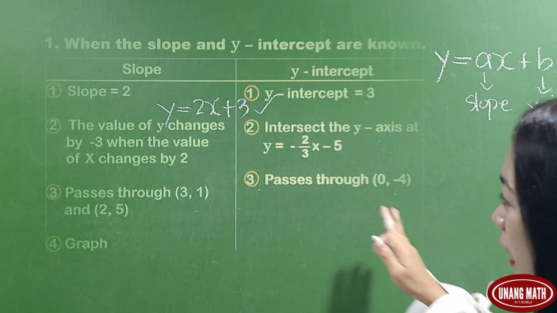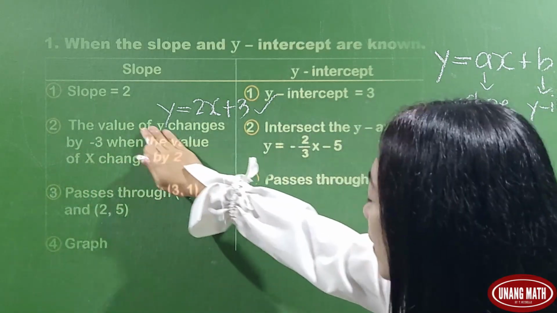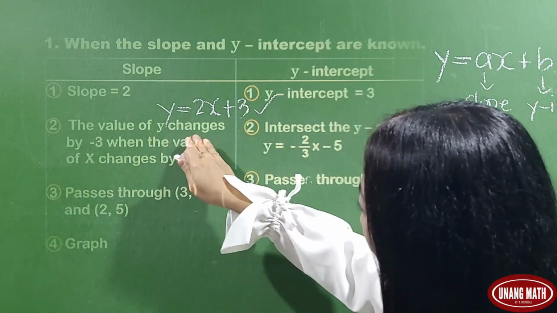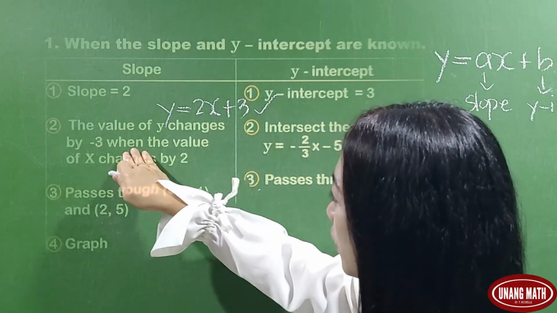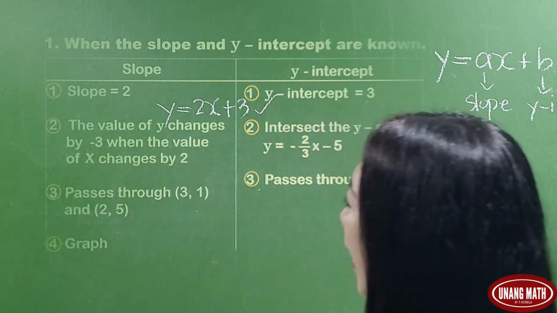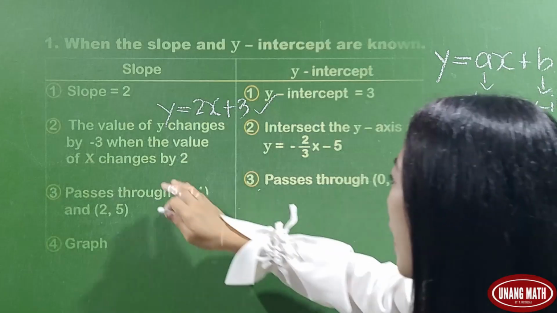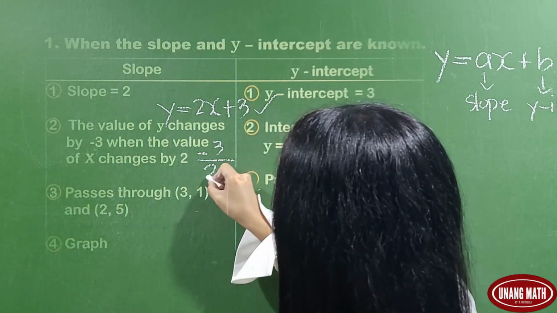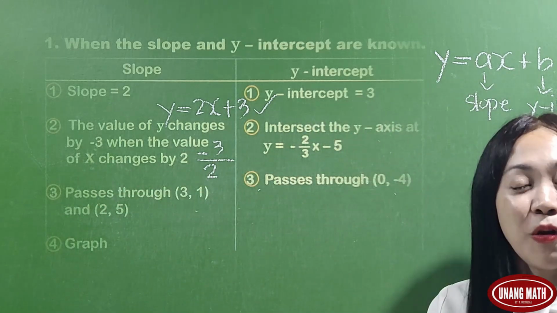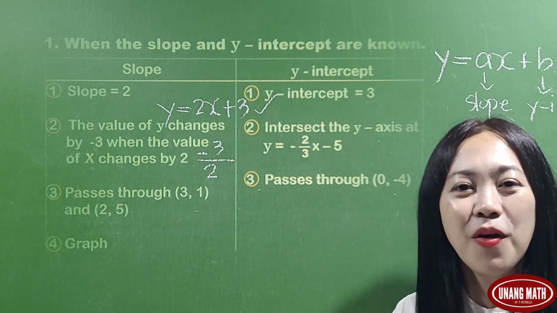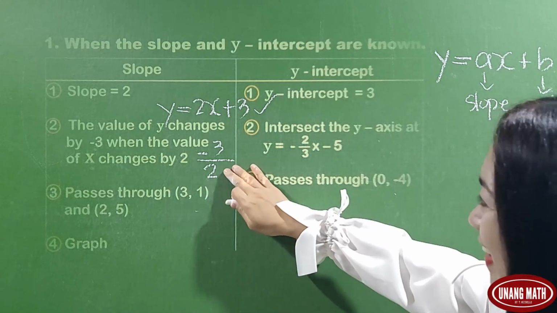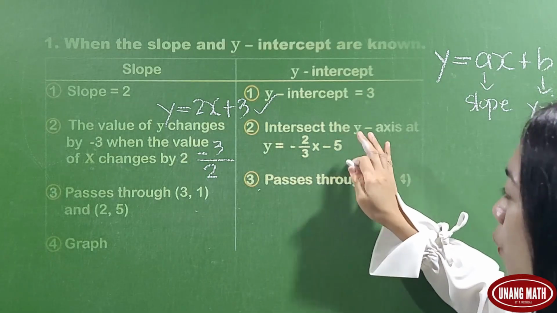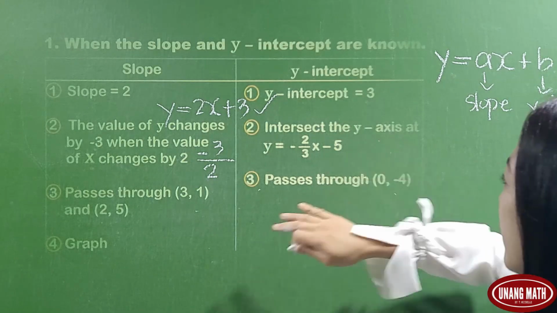Okay, what about if the slope is written or given this way? The value of y changes by negative 3 when the value of x changes by 2. So it means our slope is negative 3 over 2, because the slope is the change in y over the change in x. So it's negative 3 over 2. Okay, how about if the y-intercept is given this way?